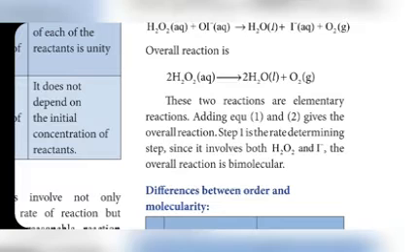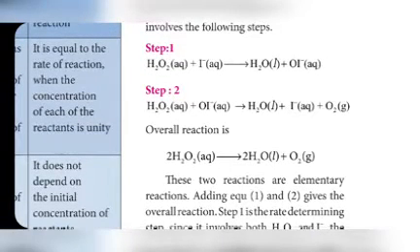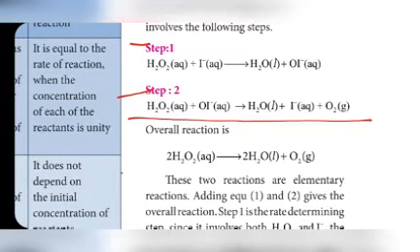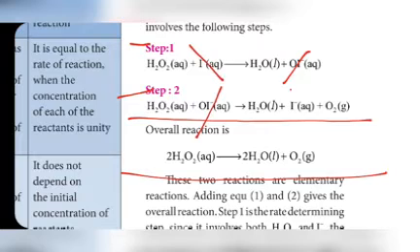These two reactions, I already explained, are elementary reactions. Adding 1 and 2 gives the overall reaction. If you add these two reactions you will get the third reaction. If anything is present on both the left hand side and right hand side, you can cancel it. See here, OI minus and OI minus are both cancelled because both are present on the left hand side and right hand side.